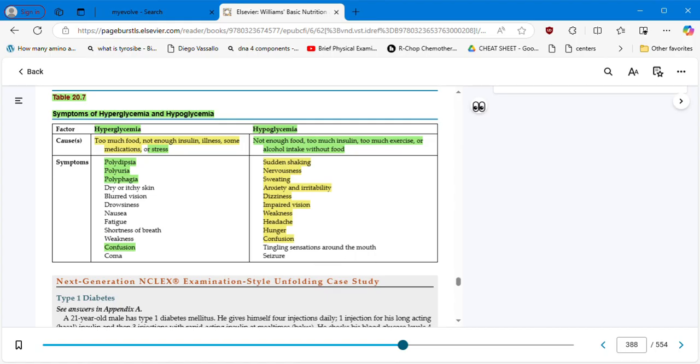Remember, the patient with diabetes is going to have polyuria, which is excessive urination, polydipsia, thirst, and polyphagia, which is eating a lot. That's why it's excessive food, right? And probably the patient does not have enough insulin to balance out that intake.